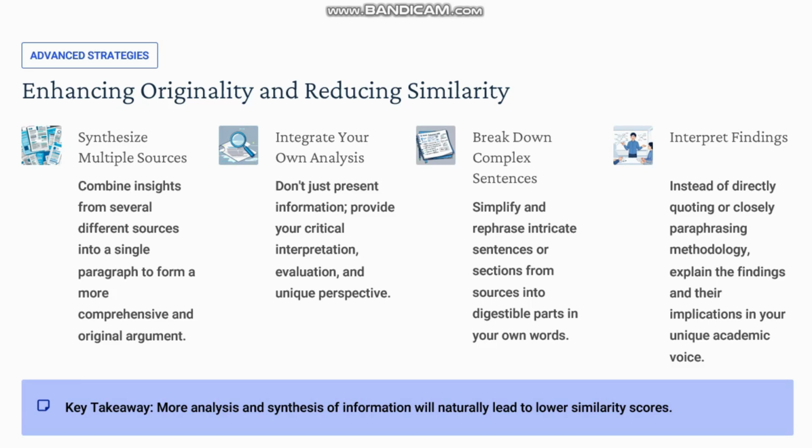Whatever you want to copy from one paper, you get the same thing from another paper, from a different set of papers. So what you do now, and this is very effective, and I do it a lot, is combine the insights from different papers into a single paragraph to form a more comprehensive and original argument.